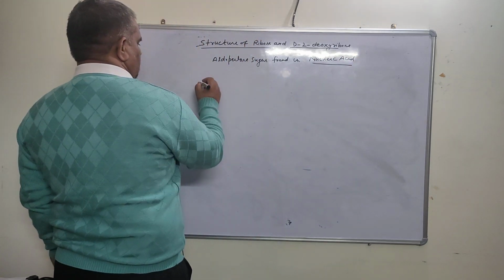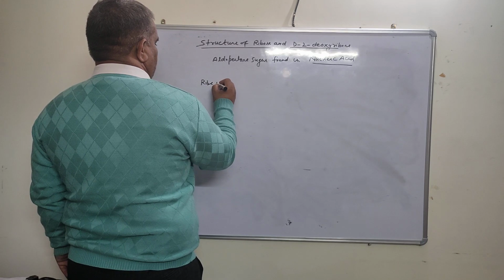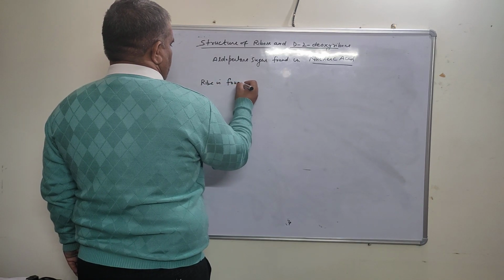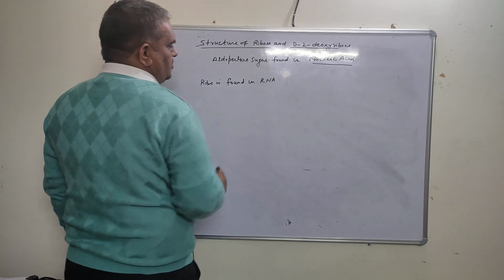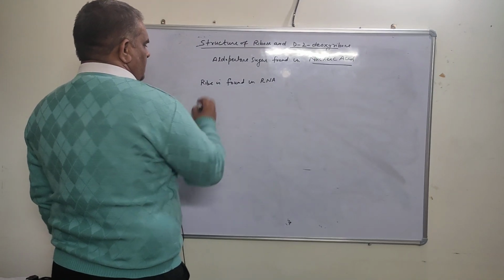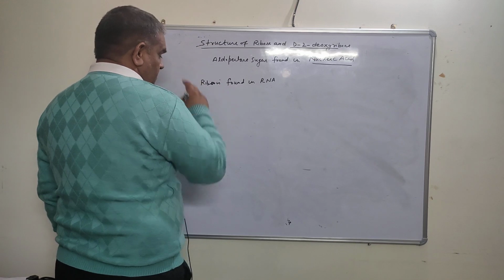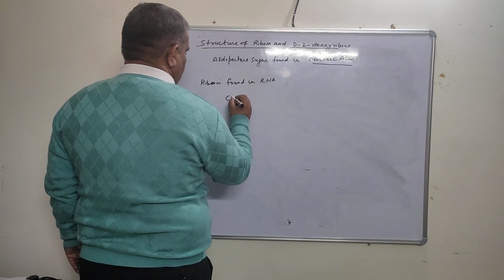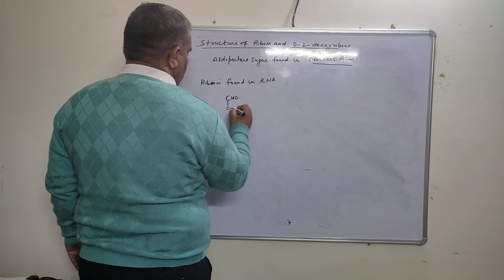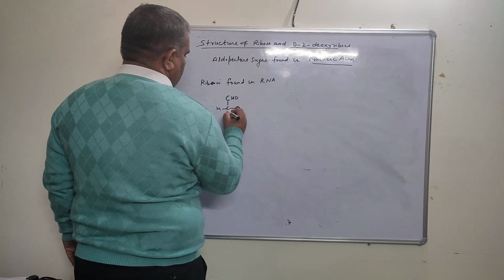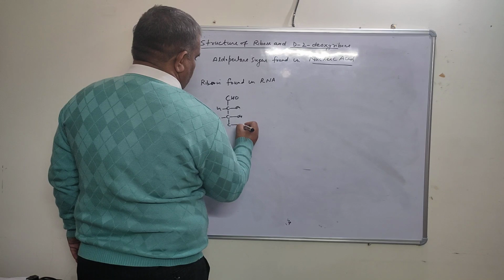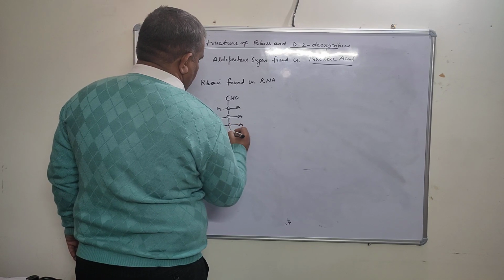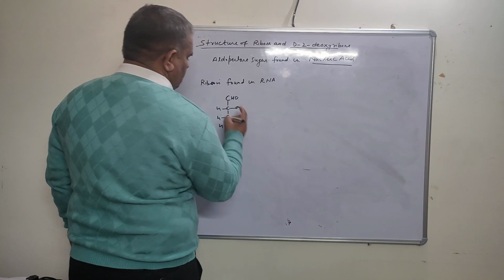The ribose is found in RNA, meaning ribose nucleic acid. This is the structure of ribose: CHO, carbon OH H, carbon OH H, carbon OH and H, CH2OH.